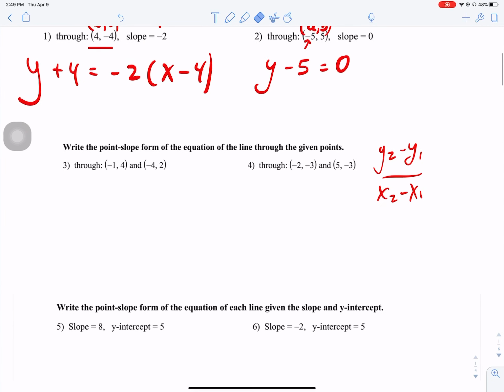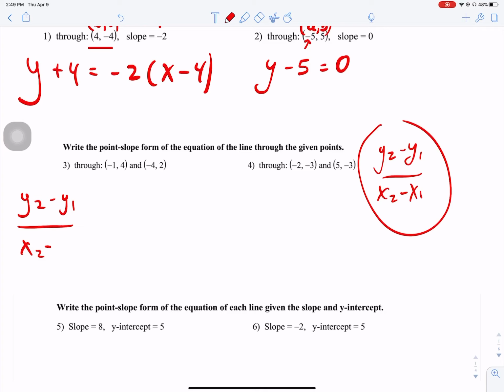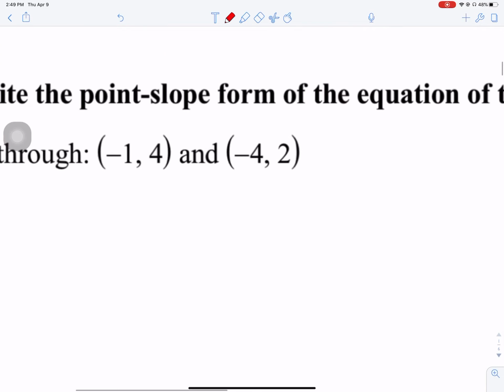Next, they give us two sets of coordinates, and we're going to plug them into our formula, and we're going to solve. So here we go. y2 minus y1 over x2 minus x1. And we can label these so we don't forget: x1, y1, x2, y2.